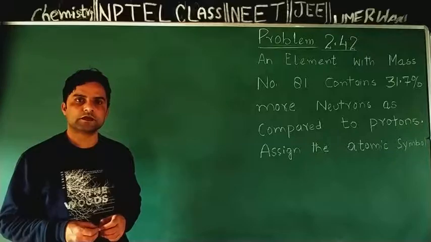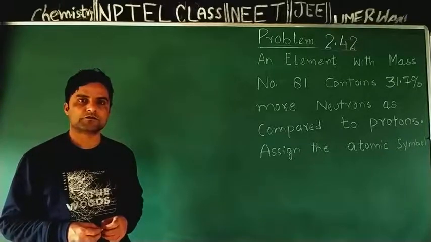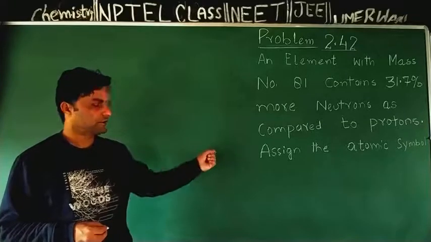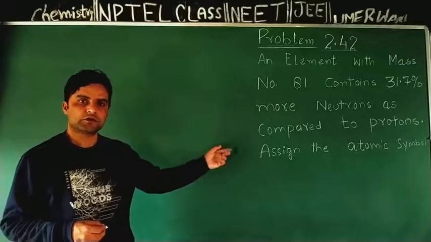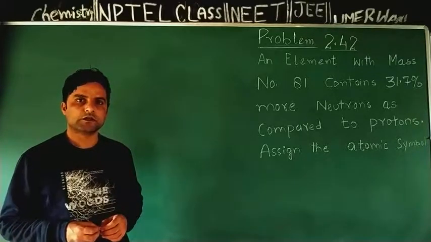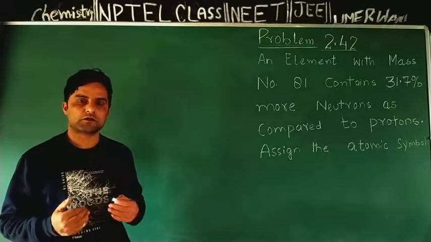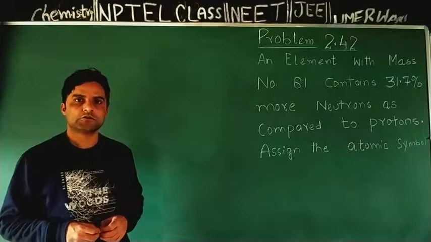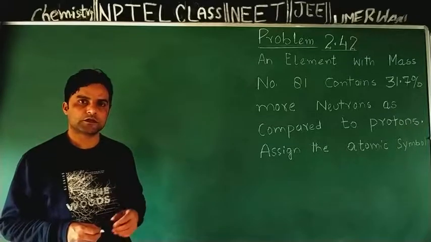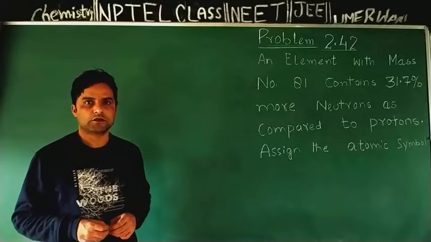It means we have to identify element, and element is identified on basis of its atomic number. So first homework is that we will try to find atomic number of this element, and on basis of its atomic number we will identify or recognize the element, and then only we can write the atomic symbol of this element.